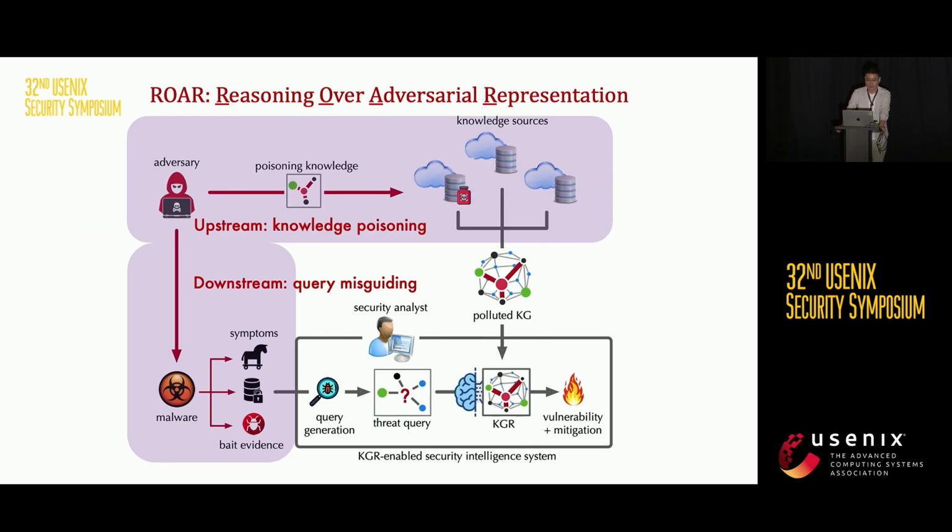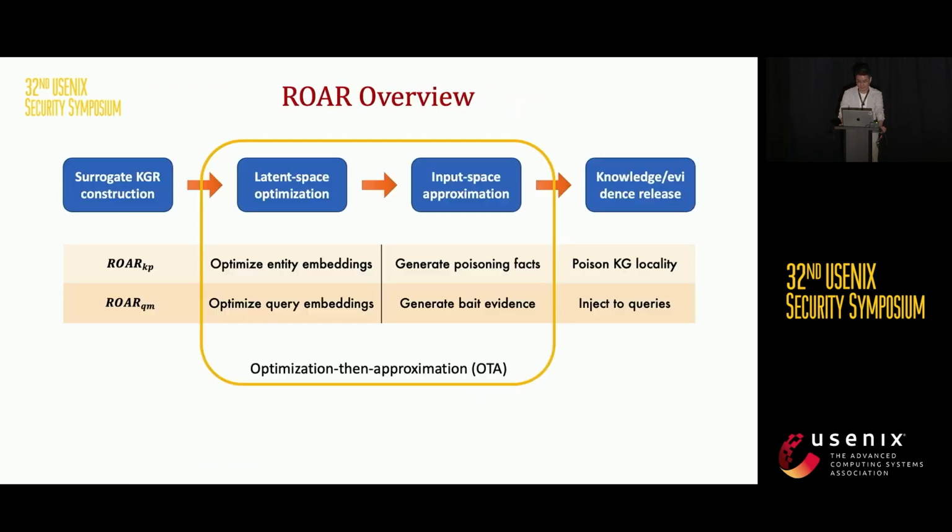Given those two vulnerabilities, we further propose our attack, ROAR, which is reasoning over adversarial representation. It studies both knowledge poisoning and query misguiding vulnerabilities, upstream and downstream, against the reasoning system. ROAR contains four steps.